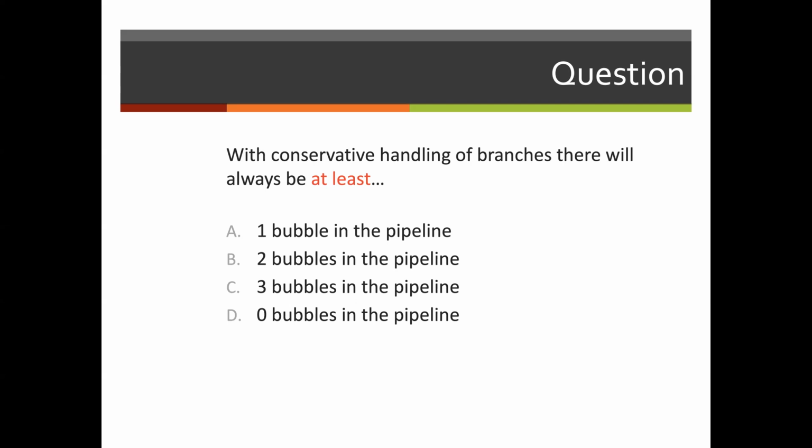So the keyword you want to focus on is at least, and in this case we have 1 bubble that will be introduced into the pipeline. And then on the other hand, we want to consider how many bubbles will be introduced into the pipeline at most. And we saw that if the branch is taken, then at most it's going to introduce 2 bubbles into the pipeline.